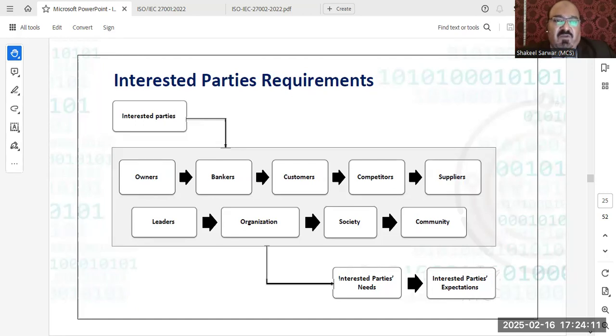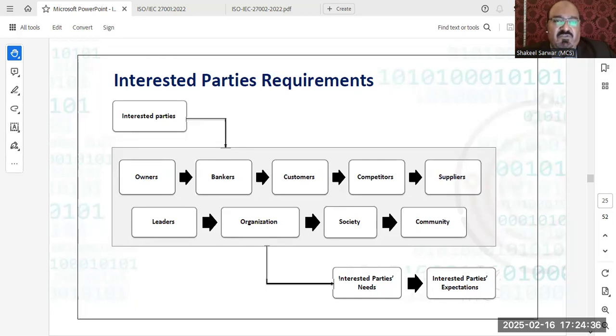Interested parties' needs versus expectations are very important for all of us to understand because there is a bit of difference between needs and expectations. Interested party needs are specific mandatory requirements that must be fulfilled to maintain the trust and compliance with legal, regulatory, and contractual obligations.